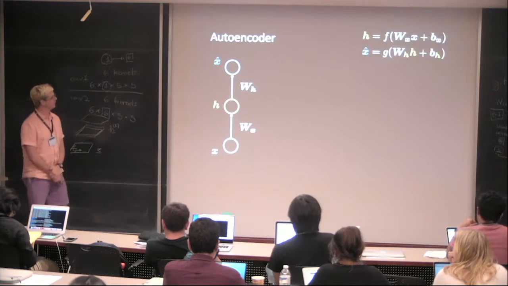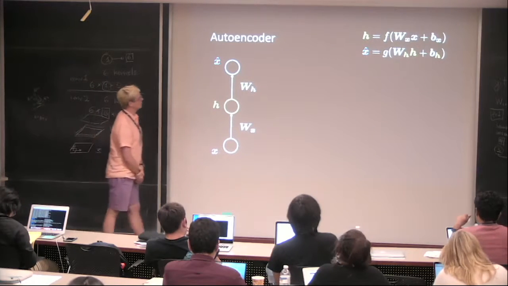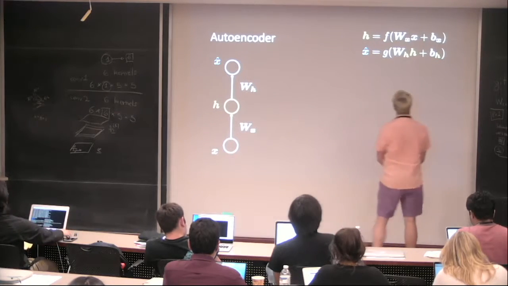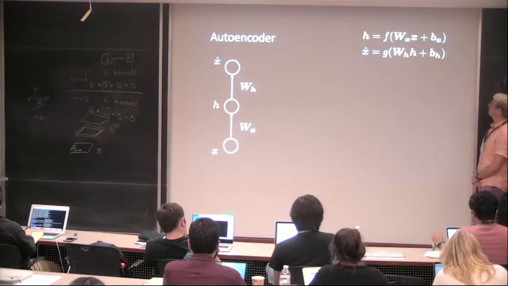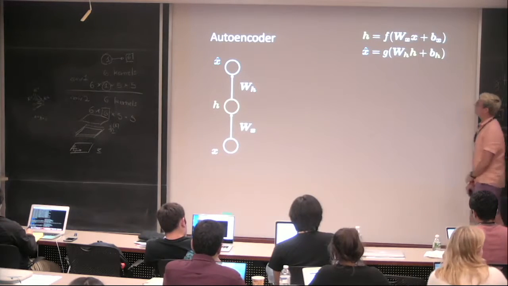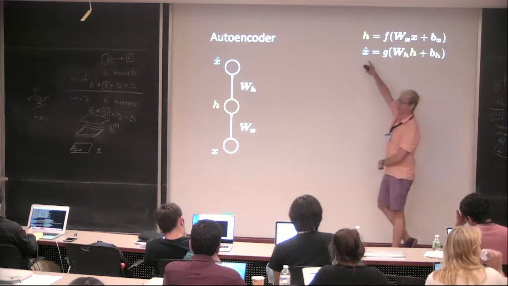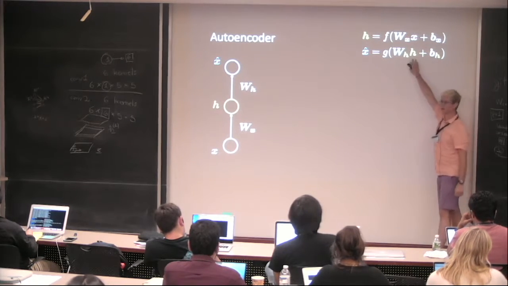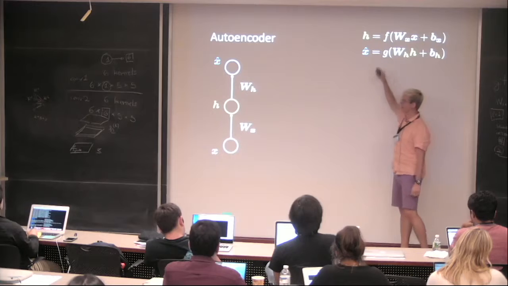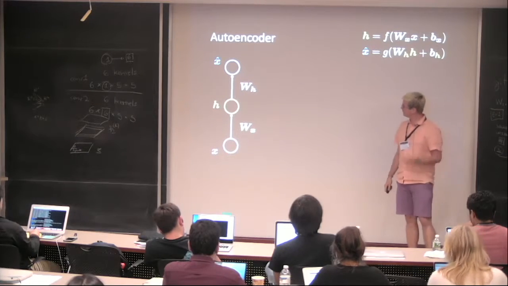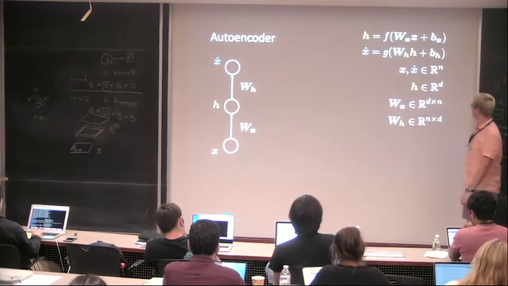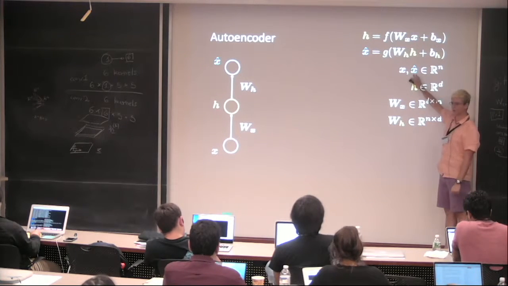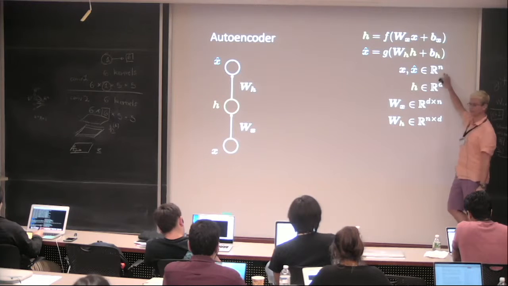All right, so the equations are all the same. We have our hidden representation, which is the affine transformation of the input, to which we apply a nonlinearity. And then our estimation of the input is an affine transformation of our hidden representation to which we apply a nonlinearity. The input and the target, or the reconstruction, both have the same dimensionality.